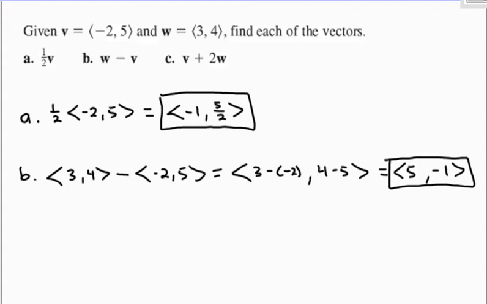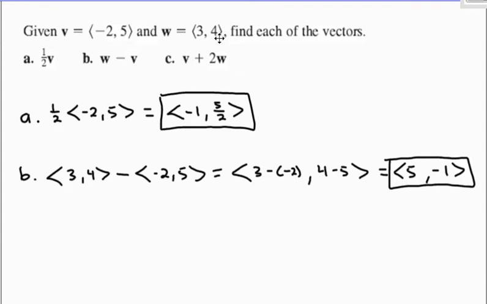Now, guys, what's really going on there is that for v, you go to the left 2 and up 5. For w, it says 3 to the right and up 4. So when we subtract these, we're still going to go 3 to the right, but instead of going 2 to the left, we do the opposite. We do 2 more to the right. That's how we get the 5.